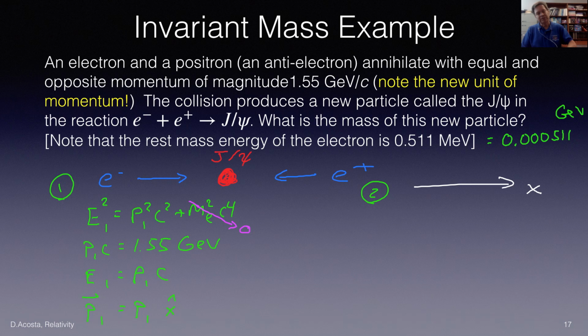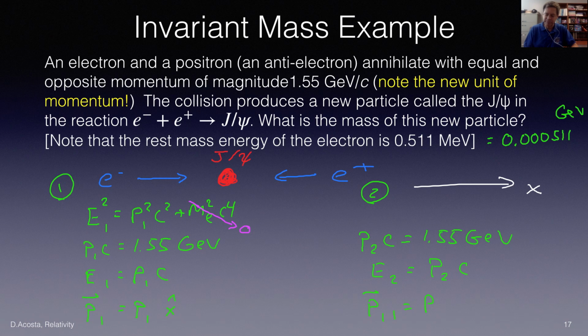What about object 2, the anti-electron, the positron? Same thing here. Its momentum in magnitude is 1.55 GeV. That's what the problem said. Its energy, therefore, is 1.55 GeV. But its momentum direction is in the opposite sense.